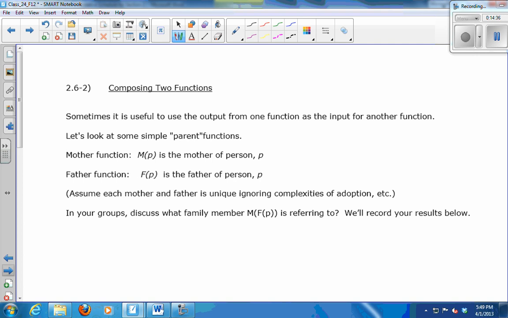So we're going to look at some simple parent functions here. Literally parent, different from when I use parent function to mean like x squared and x cubed and absolute value. So here the mother function is going to be m of p, tells you the mother of person p. And the father function is f of p, it tells you the father of person p. So think of this as like a database, right?